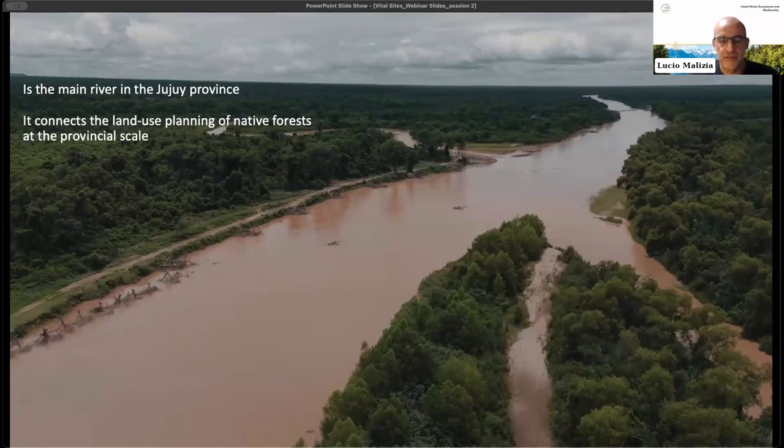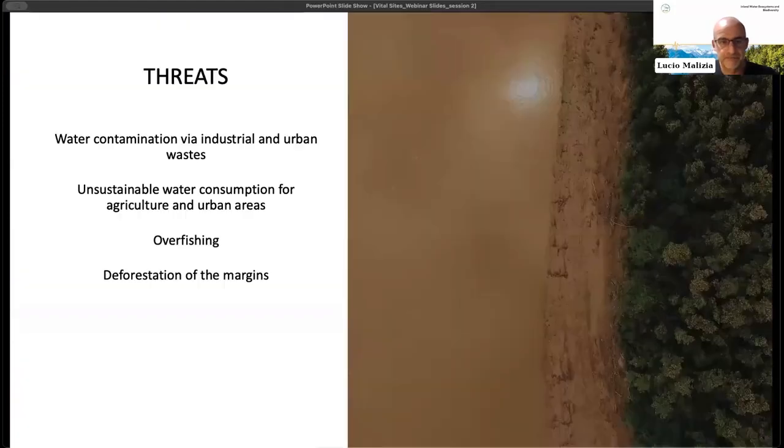And it's a central part of a law that provides the land use planning of all native forest in the province. So the whole design of this land use planning took into consideration this main river, the San Francisco River. So in that sense, it's central as a corridor and as a conservation strategy for the whole region. The next, please.